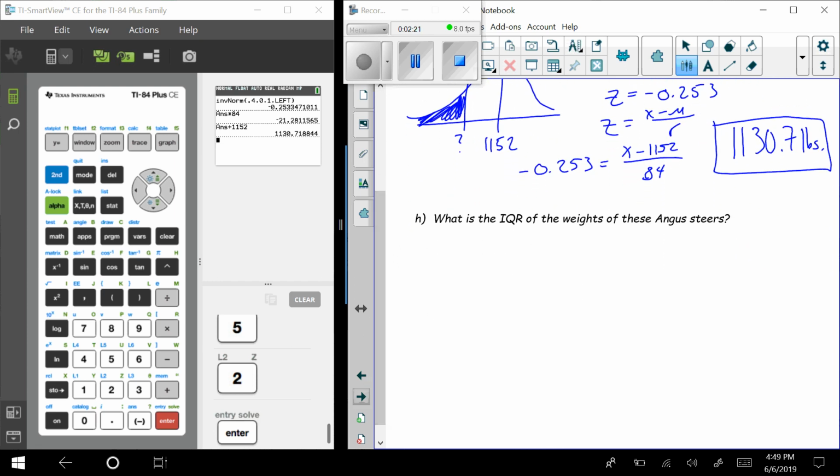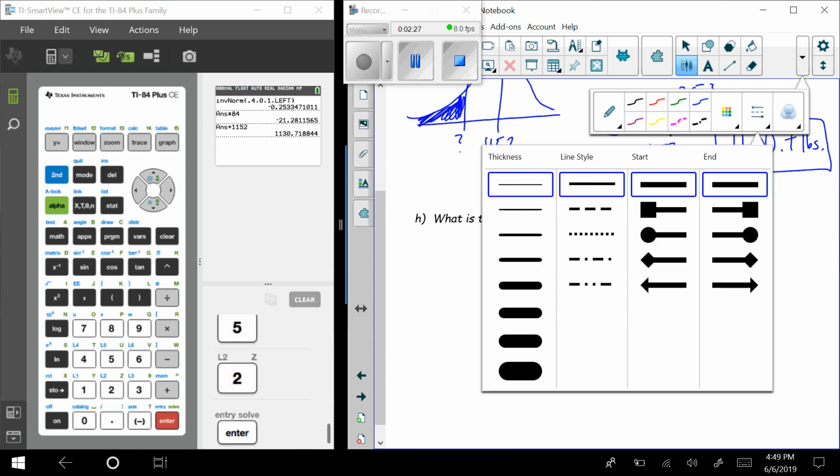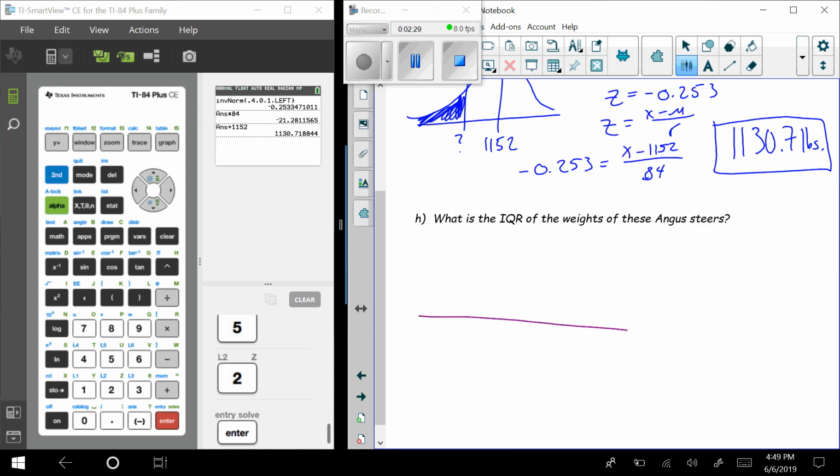Now, when we're thinking about IQR here, we're doing something kind of similar. It's best to draw this thing out like we have been. The IQR, right? Here's the middle. This is 1152. IQR is between Q1 to Q3. We don't know these values.